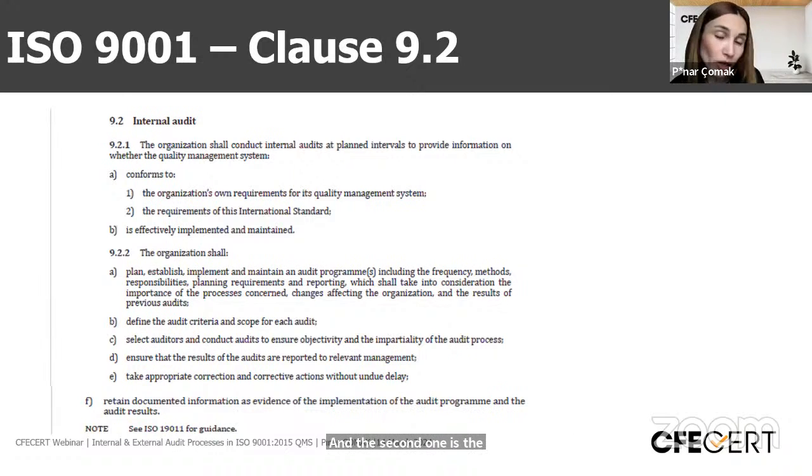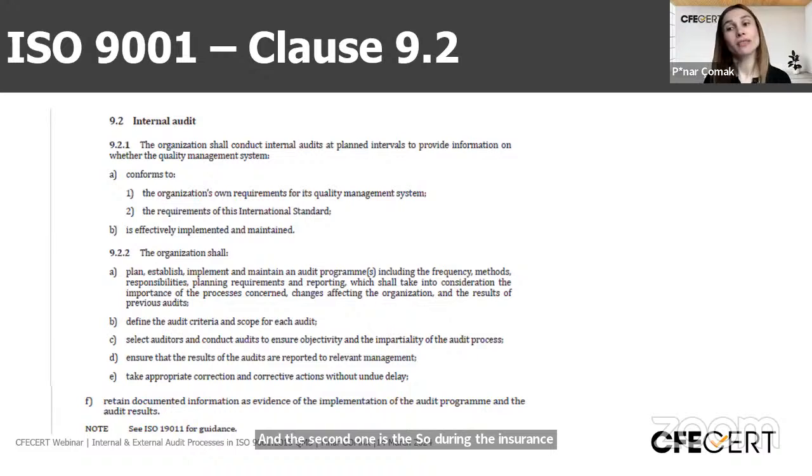So during the internal audit, and actually for the external audit as well, we are not checking just the standard, just ISO 9001. We have to check also the organization's own requirements. And it means policies, procedures, and other written documents.